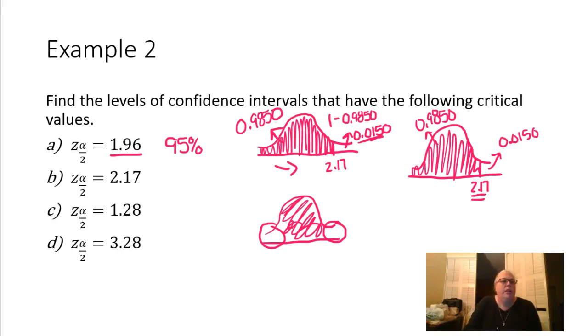So what I'm going to do is take some of this area off back here, and what I'm actually going to be taking off is 0.0150. So there is a number right here, so that the area of it to the left is 0.0150. And now I've got all my area contained in the middle here.